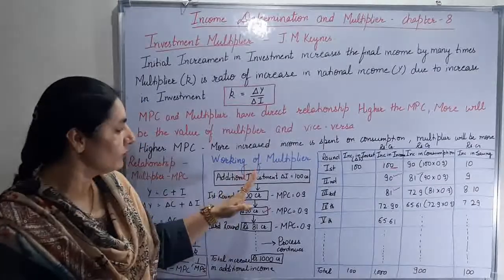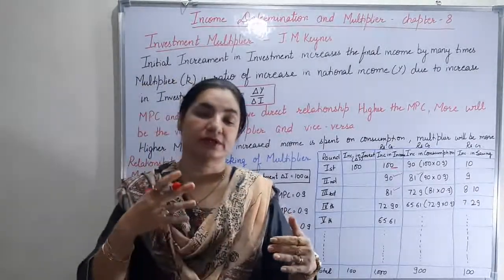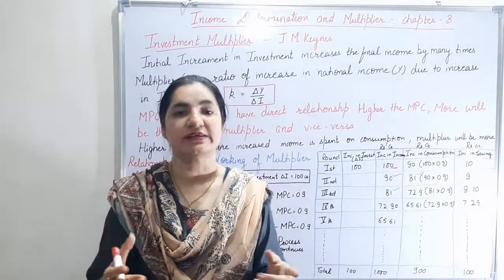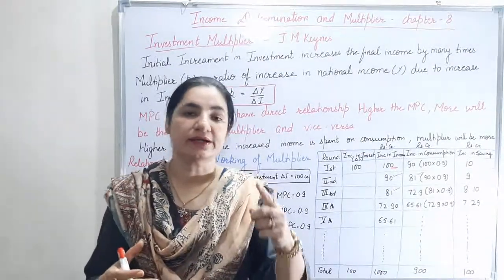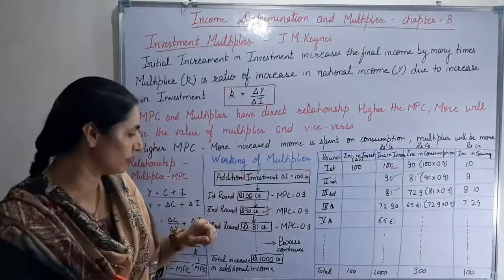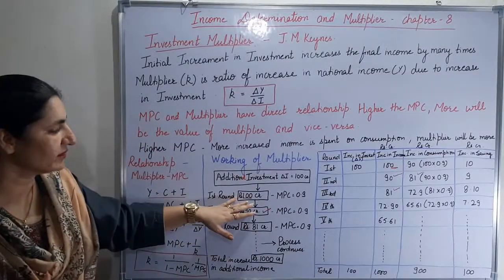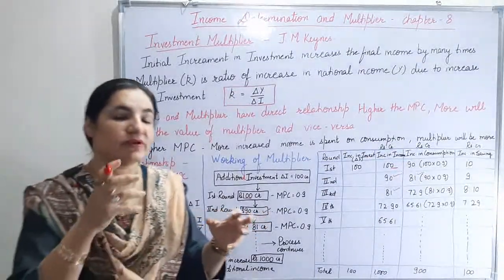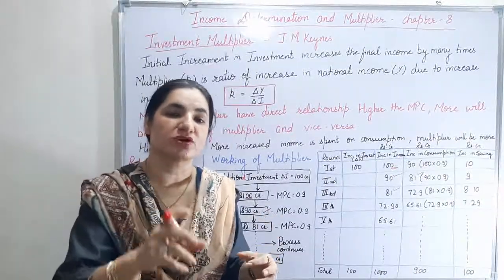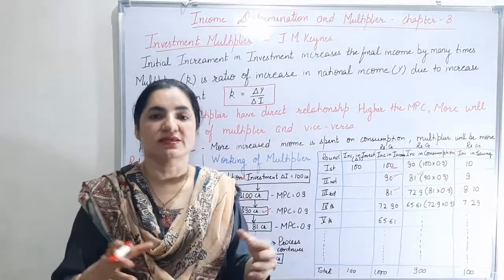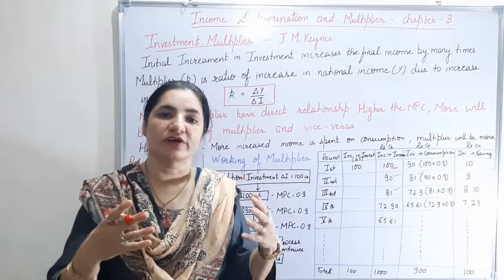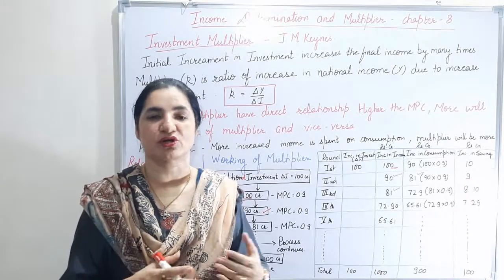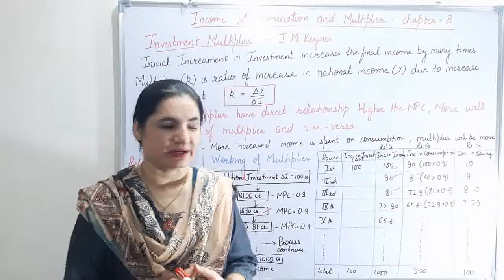Now, as the minimum value of the multiplier is 1, it is definite that in the first round 100 will be the income generated. So in the first round, let us consider this is the income generated in the economy. The income is generated because of this investment made. Suppose a road is constructed; because of that, income is generated.